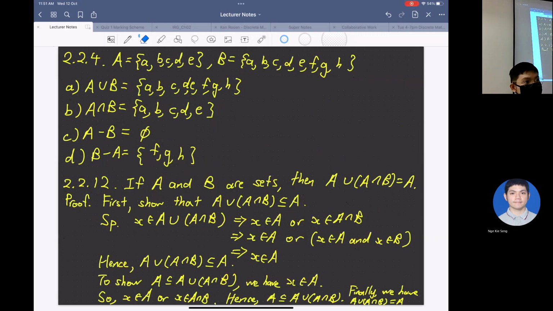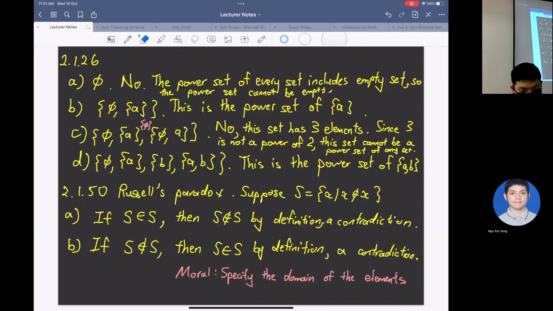Understand which one? This one, 50. Well, what's the question asking? The question is whether this X exists or not.